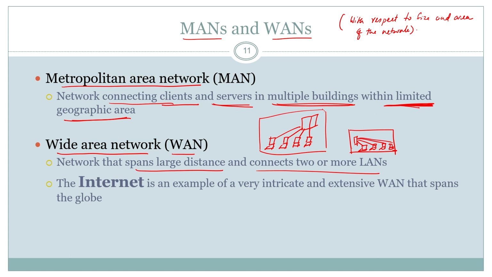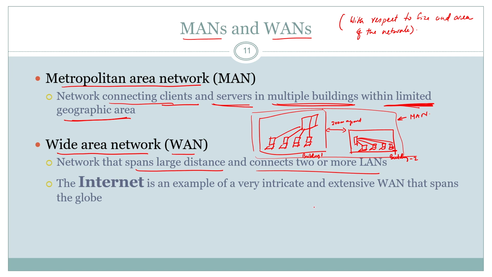So, this is building 1, building 2. Let us say these buildings are 200 meters apart. This will become what you call a MAN, a metropolitan area network.